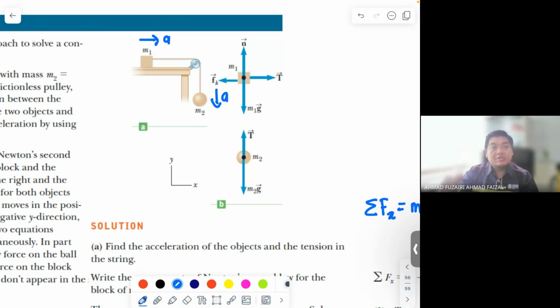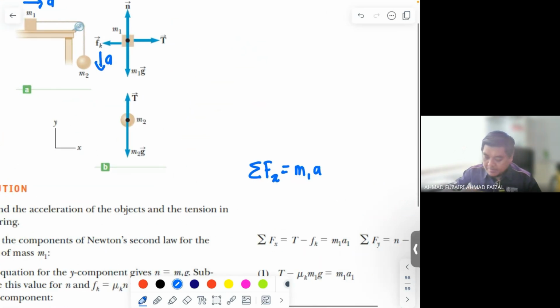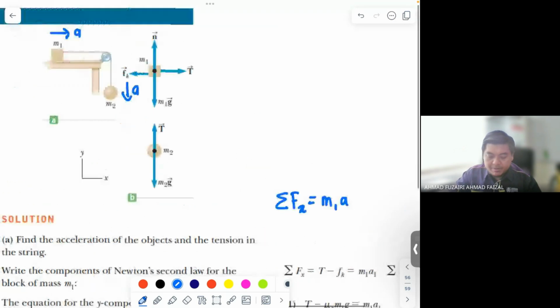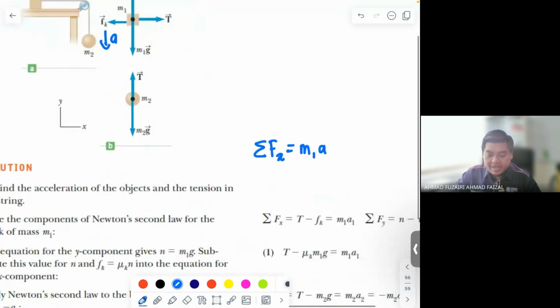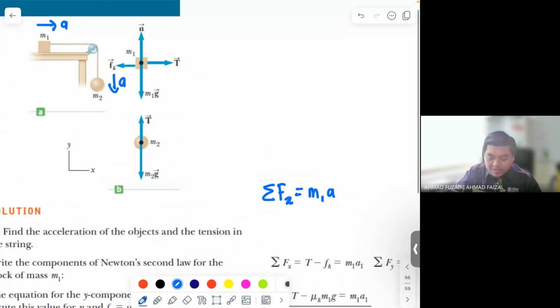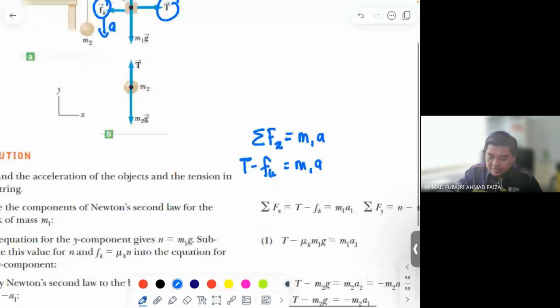Regardless of direction, the value should be the same. So m1a, because that only involves m1. For Fx, we have T and fk, so T minus fk equals m1a.